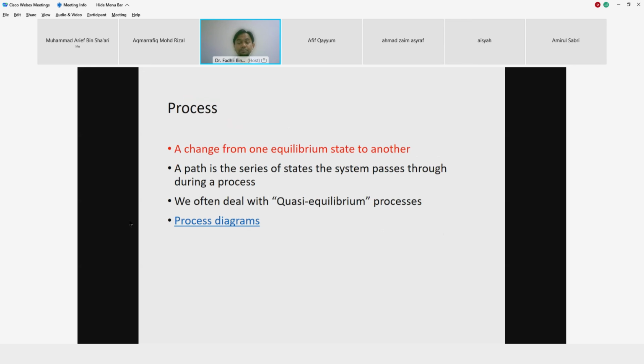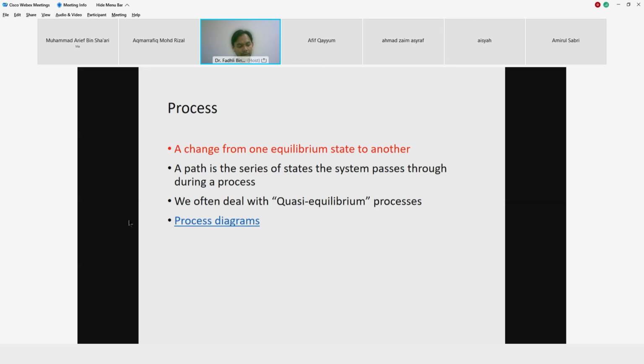Back to your room, the analogy of your room. Your room now is in position 1 or state number 1. Then your room moves to state number 2. Now you have two states. State 1, the initial state, then the final state is state number 2.